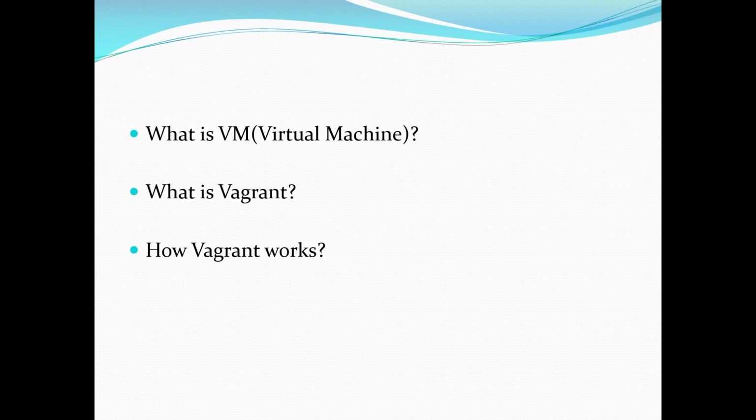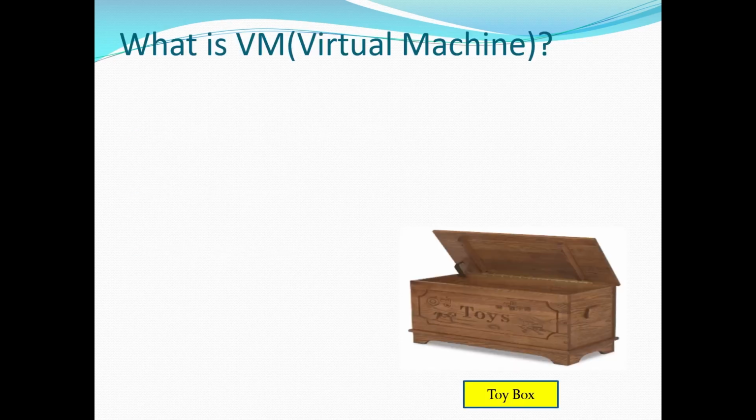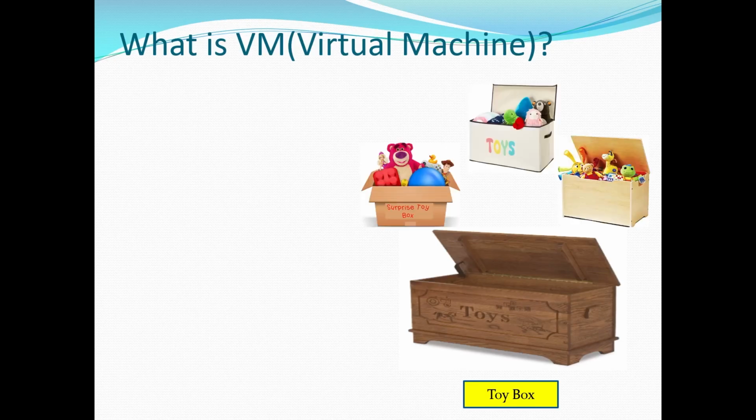So first of all, let us understand what is a virtual machine. Imagine you have a box full of toys. In that box, we can have different kinds of toys: soft toys, electrical toys, ninja toys, and so on. Multiple different kinds of toys in that box.